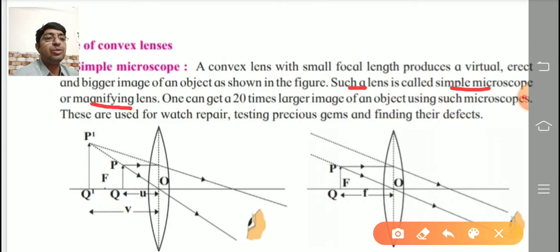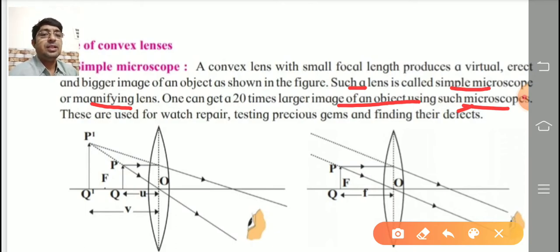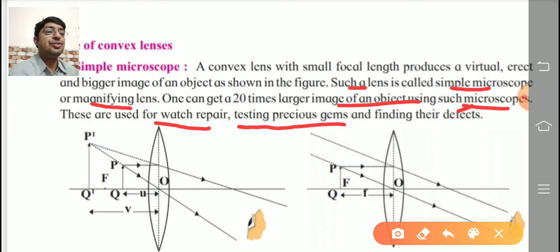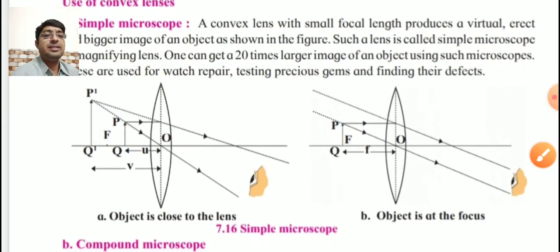One can get a 20 times larger image of an object using such a microscope. Simple microscopes are used to repair watches, testing precious gems and finding their defects. This is the first one.